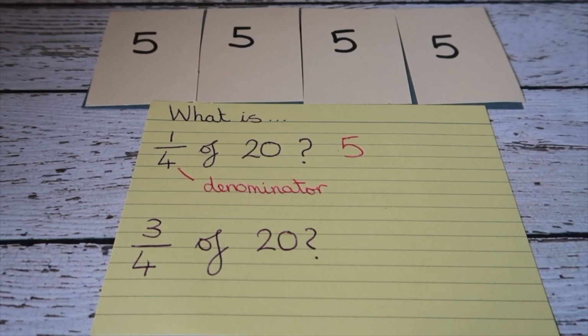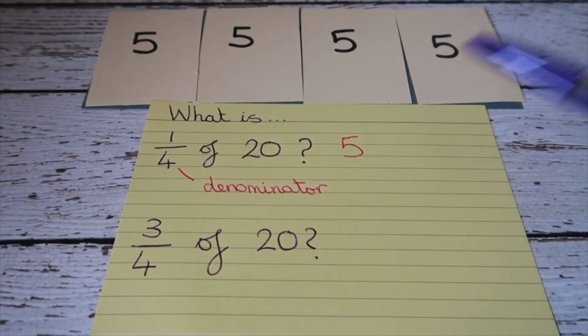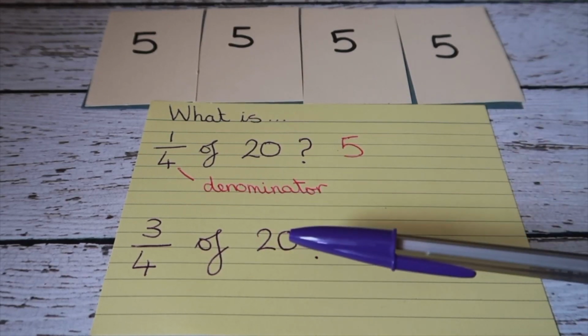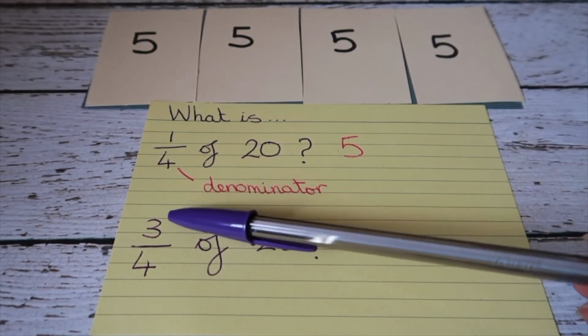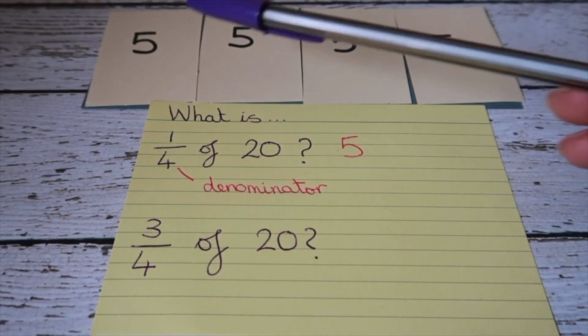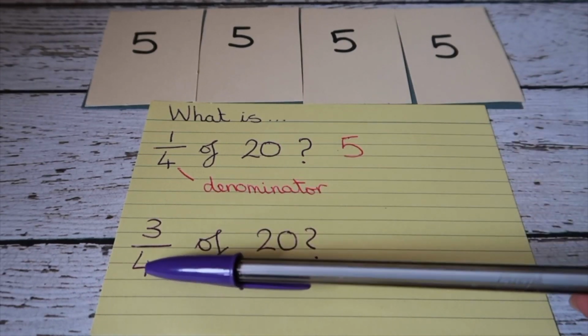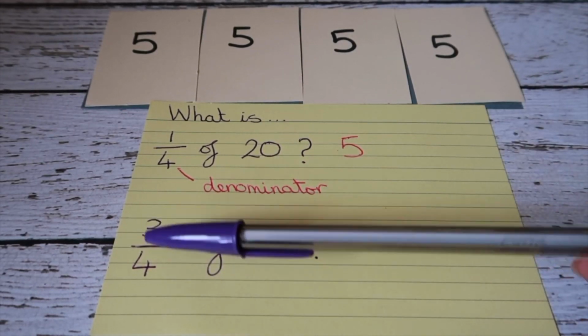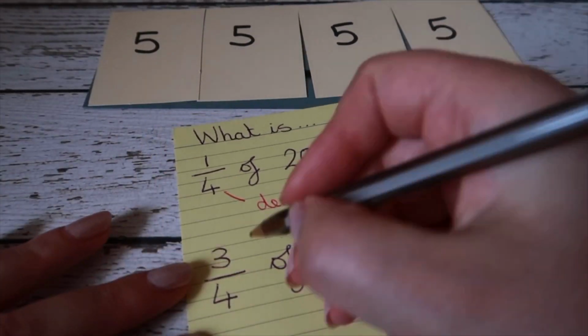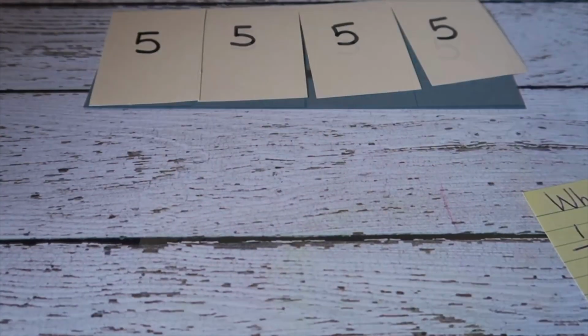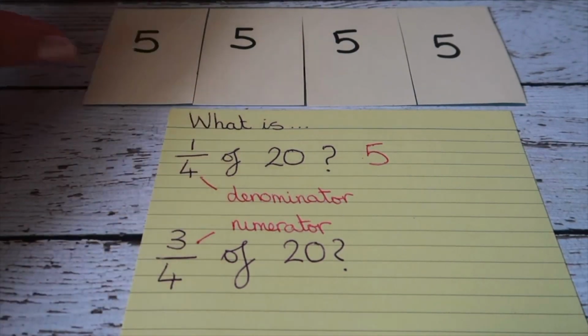Okay, the next question asks for 3/4 of 20. It's the same question, but instead of 1/4, they don't want one of the equal parts. They want instead, because one of the equal parts would be worth 5, 3 out of the 4 equal parts. So we've got 4 equal parts in total. That top number there is actually called a numerator, and the numerator tells us how many equal parts they want.